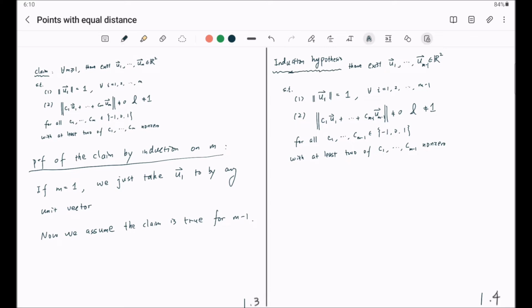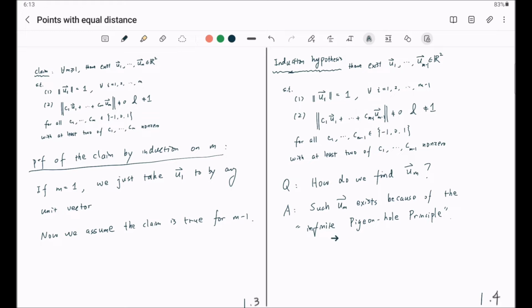Okay, now how do we find u_m? The rough answer to this is that u_m exists because of the so-called infinite pigeonhole principle. And you will soon see what I mean by this.